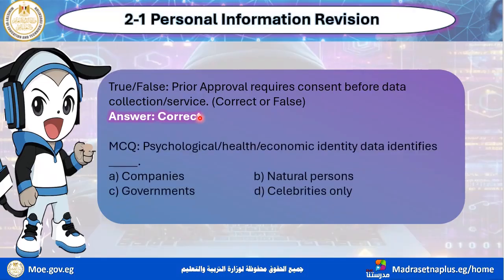An MCQ question. Psychological health, economic identity, data identifies companies, natural persons, governments, or celebrities only. Well, they protect natural people.